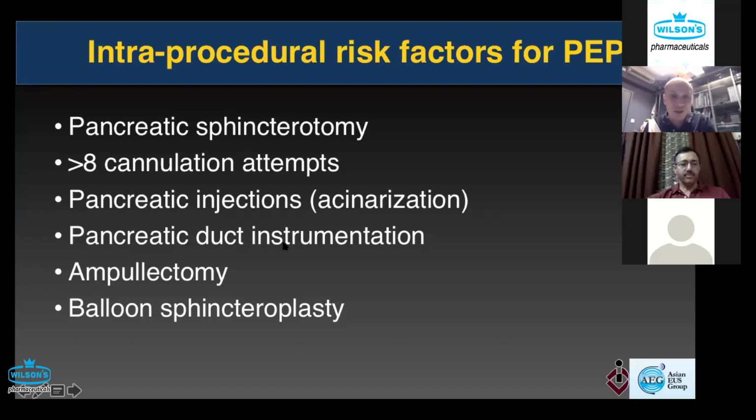Pancreatic duct instrumentation, ampullectomy, small balloon sphincteroplasty, meaning if you are dilating the sphincter to less than 10 millimeters in size, this is a risk factor for post-ERCP pancreatitis. Whereas if you perform a large balloon sphincteroplasty, more than 12 millimeters in a dilated duct, in general, this will not be a risk factor for developing PEP.